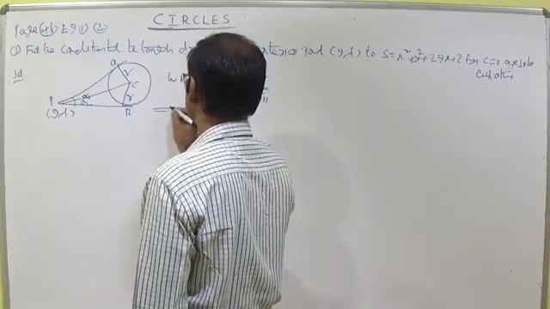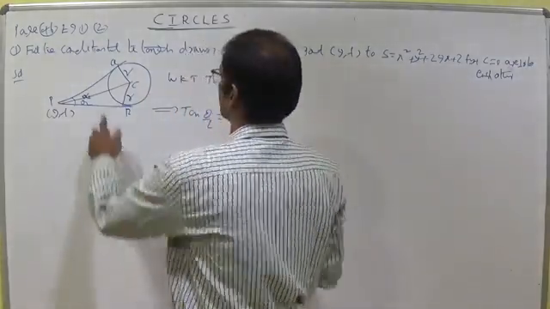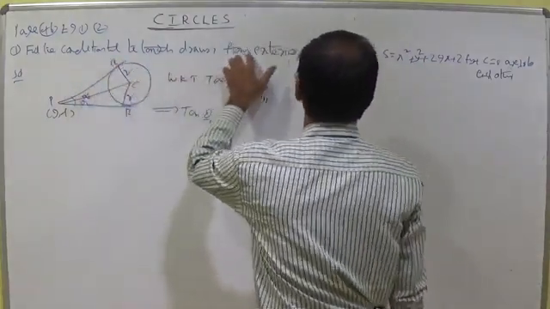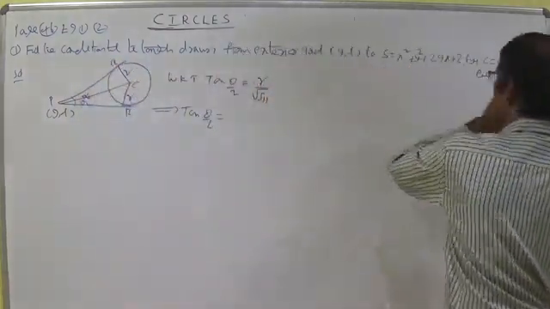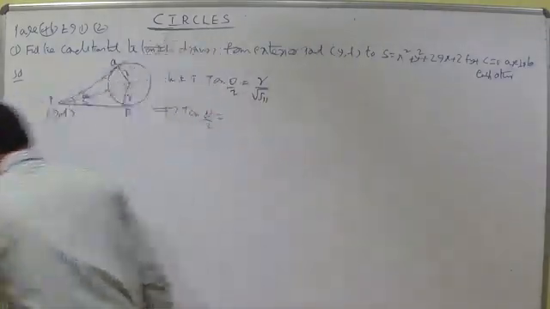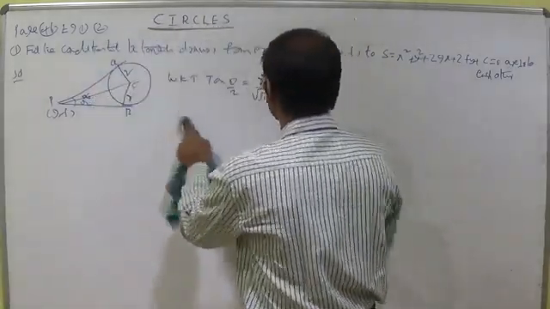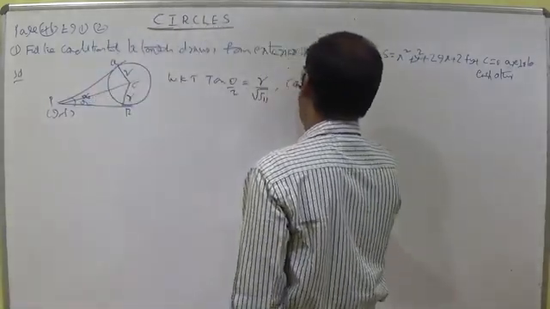That implies tan theta by 2. Find the condition that the tangents drawn from exterior point G comma F. Oh, perpendicular he is asking. Whenever perpendicular he is asking, then you put theta is equal to 90.